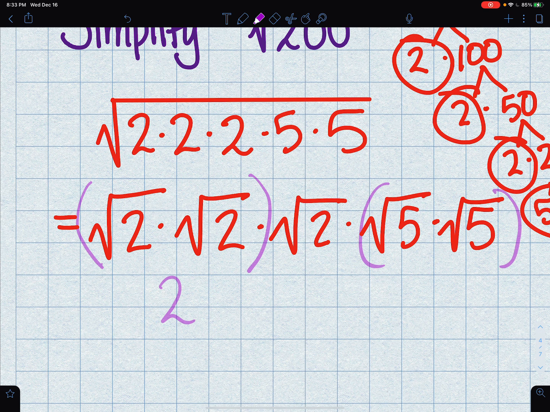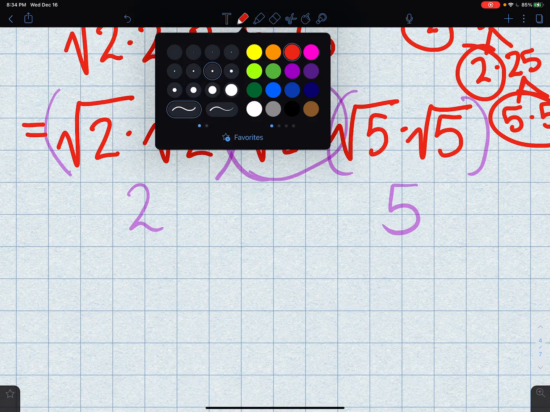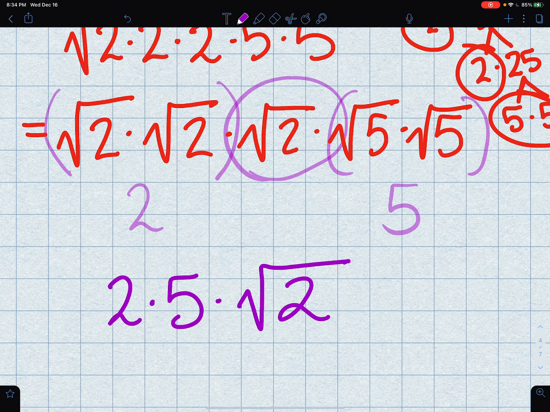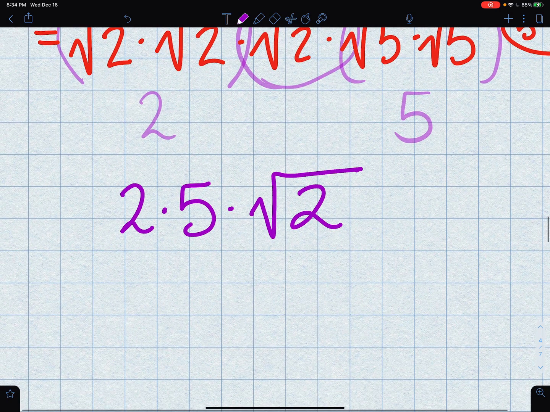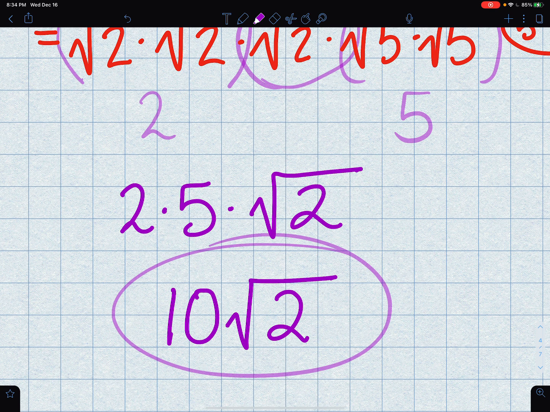And this just ends up being a 5 right there. This one, because there's only one of them, that one has to stay. So you end up having 2 times 5 times the square root of 2. And then that can be simplified further as 10 times the square root of 2. And this is the format they want it in, and that is the final answer.